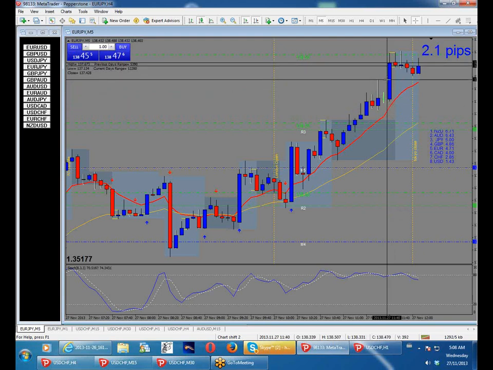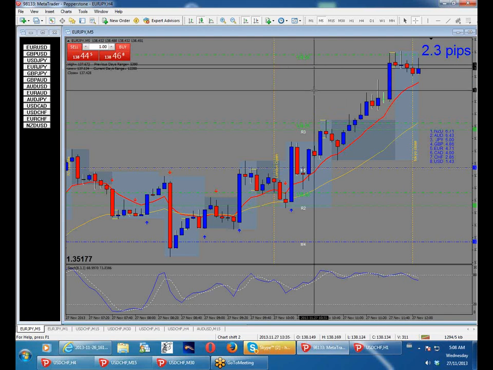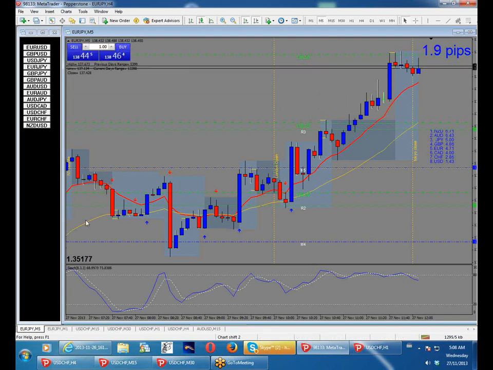Or you could take it off the break of the inside bar. It's just your preference. If you want to be extra careful, you'll just have a delayed entry, I guess. But you always take it with the trend.